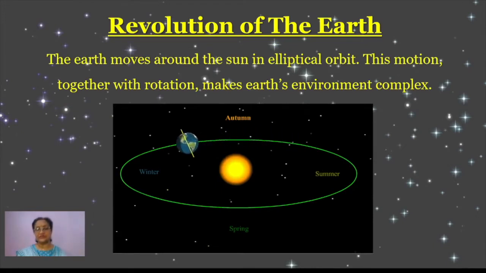Now the next topic we have to discuss in this is revolution of the earth. This is the other type of movement of earth, right? So along with the movement on its own axis, it keeps moving around the sun also. You can see here in this picture, and when it moves around the sun, it causes different seasons, right?